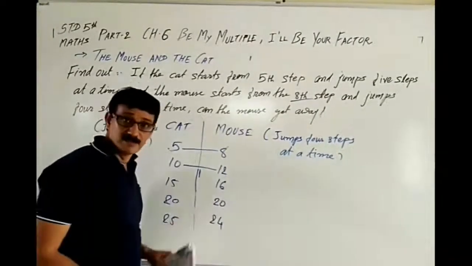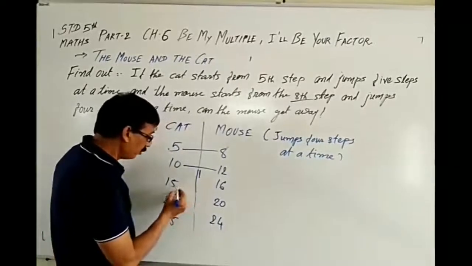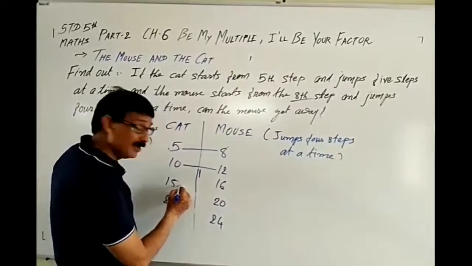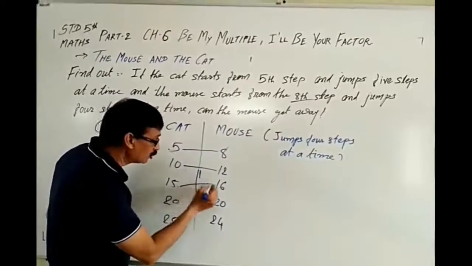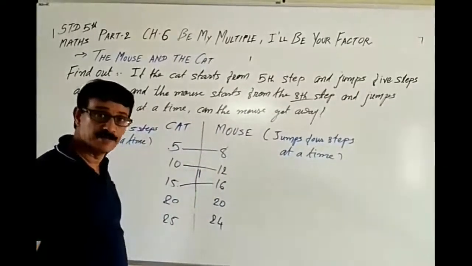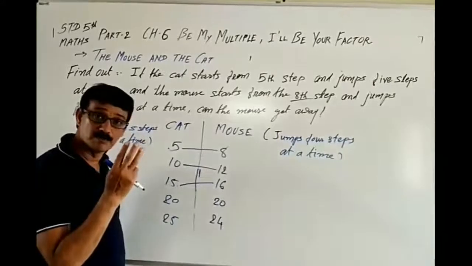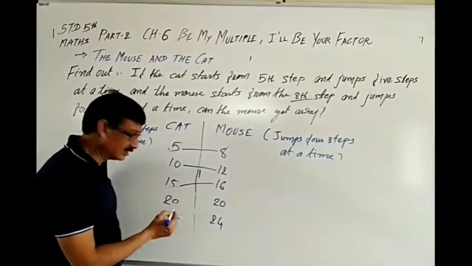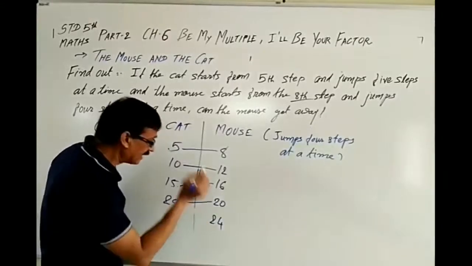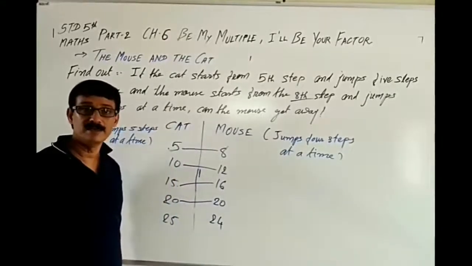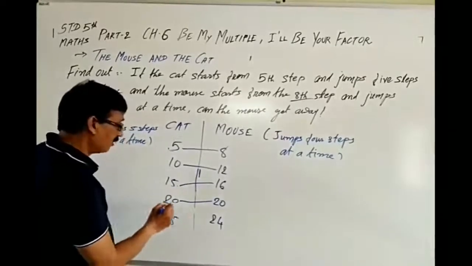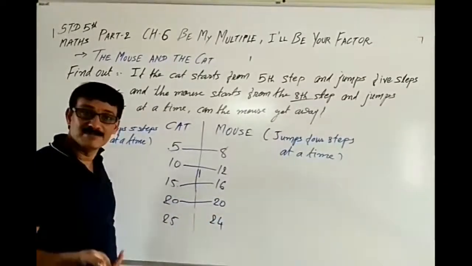On the third jump, the cat will be on the 15th step, and the mouse will be on the 16th step. On the fourth jump, the cat will be on the 20th step, and at the same time the mouse will be on the 20th step. So on the fourth jump, both will be on the same step.